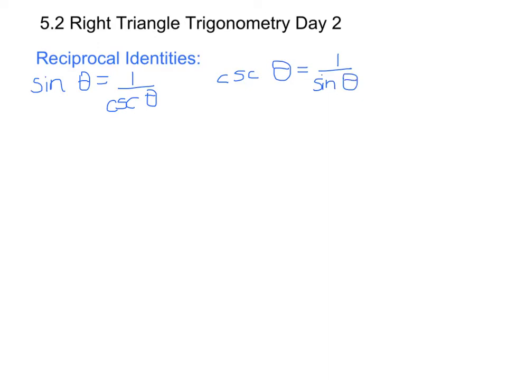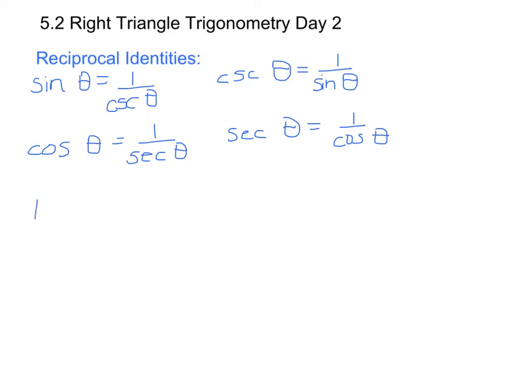So those are reciprocals. And then cosine of theta is the same thing as 1 over secant theta, or vice versa. Secant of theta is the same as 1 over cosine theta.